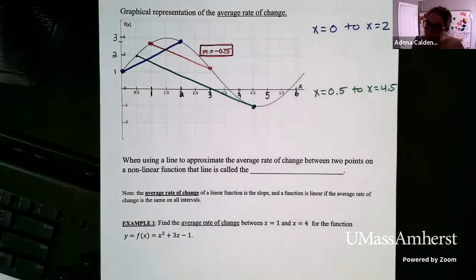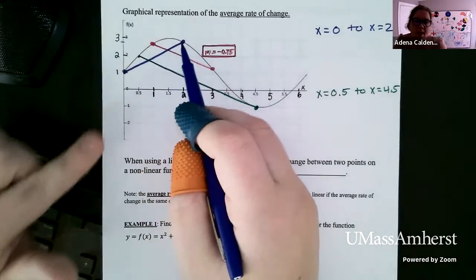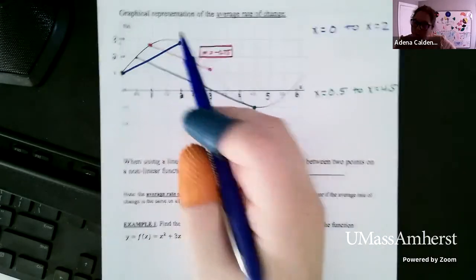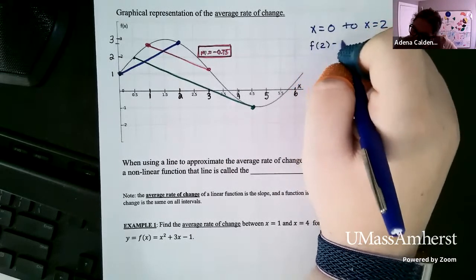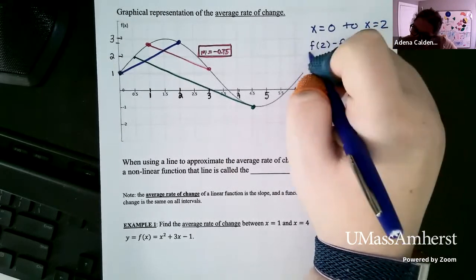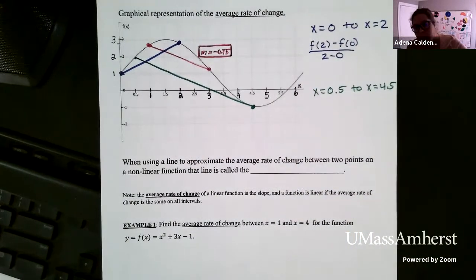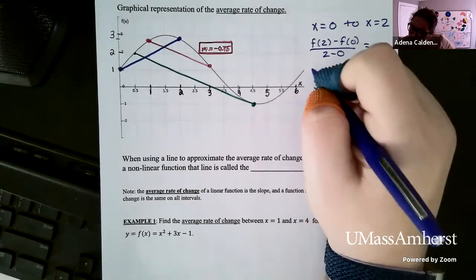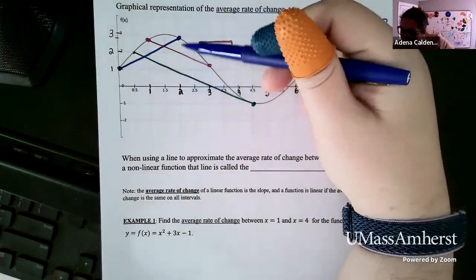All right, so for the first one, for the blue line, we're trying to find the average rate of change from 0 to 2. So the way we would write the formula, we can write f of 2 minus f of 0 over 2 minus 0, or you can write f of 0 minus f of 2 over 0 minus 2. So now f of 2, we're trying to approximate the value at 2.